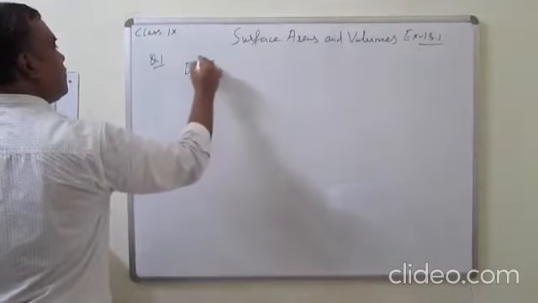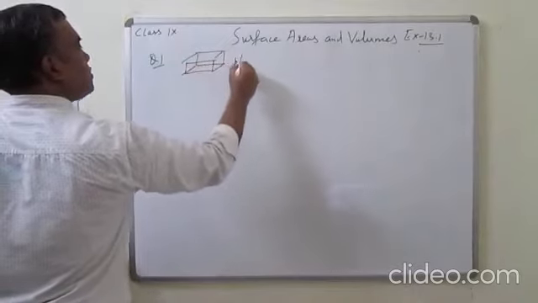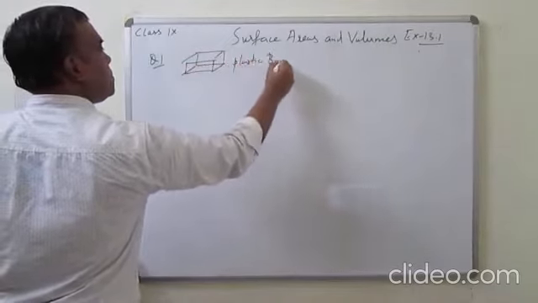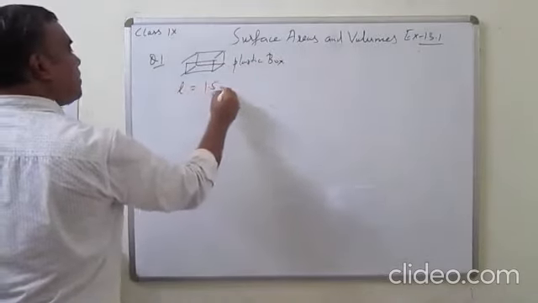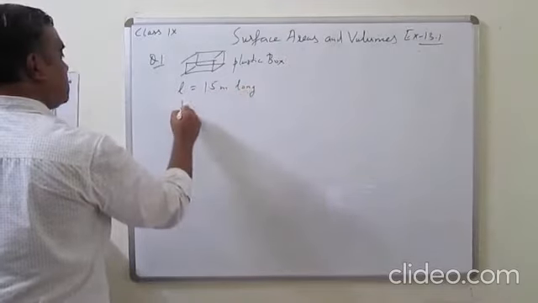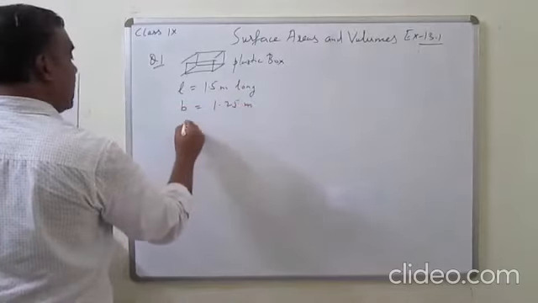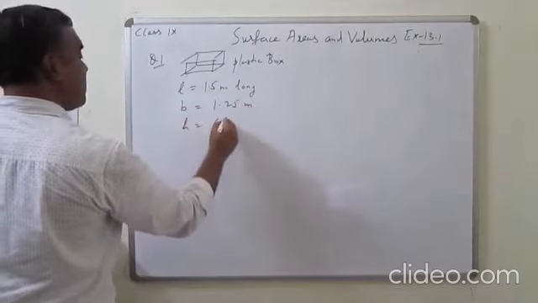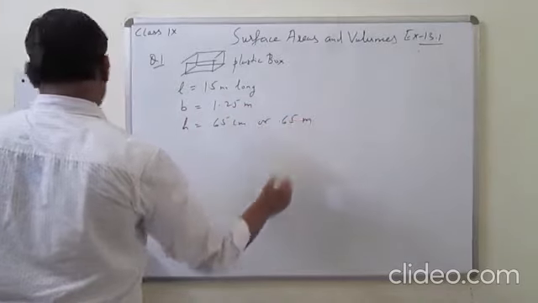It is the shape of a cuboid. Its length is 1.5 meter, breadth is 1.25 meter, and depth, that is height, is 65 centimeter, or you can say 0.65 meter.